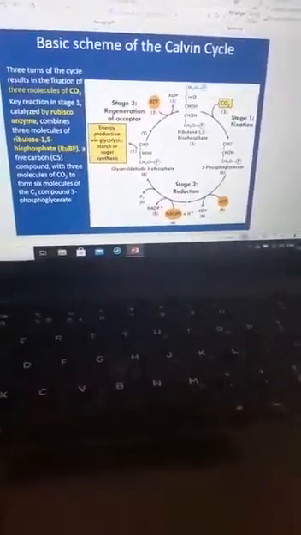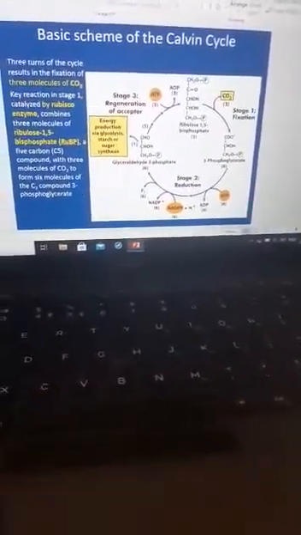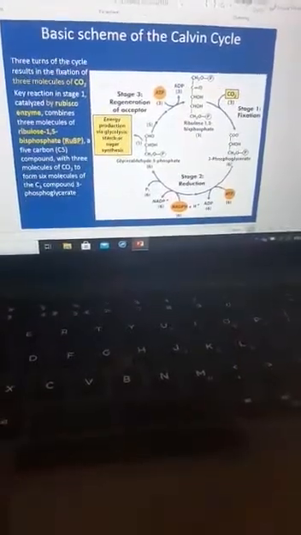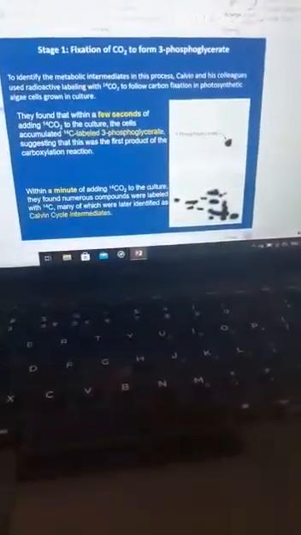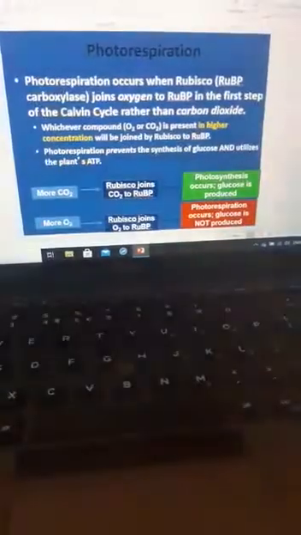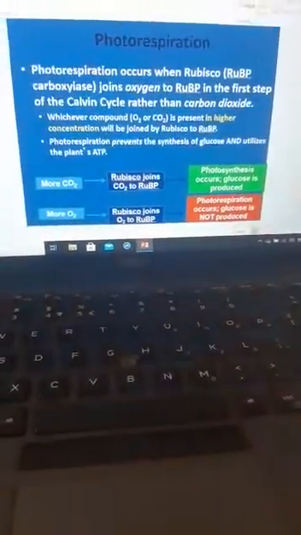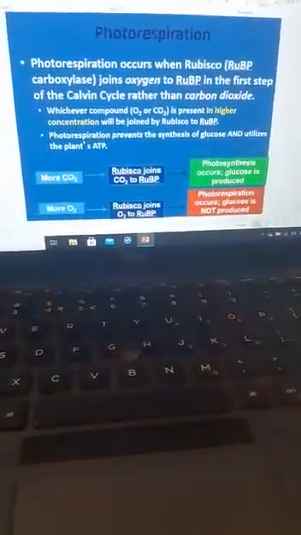Now, plants that fix carbon dioxide directly through the Calvin cycle when it comes from the atmosphere are called C3 plants. But there is always a process of photorespiration that is associated with the Calvin cycle.